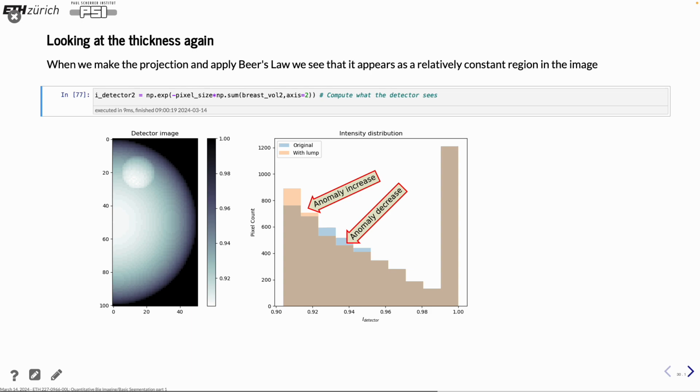Actually, to really detect it, yes? When you mean a different thickness, you mean how much tissue is there in the... Yes, yes. So, in principle, if it says that you have thickness equal to 1, then the transmission has a certain value.